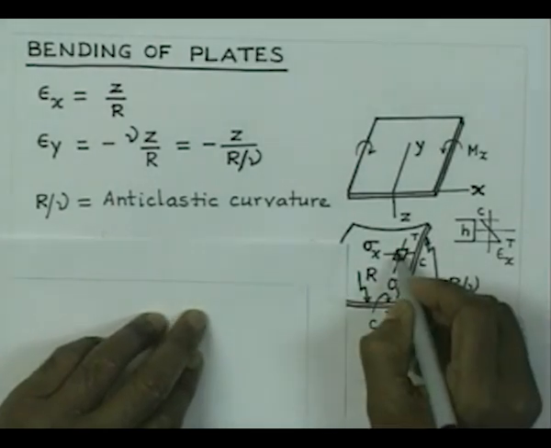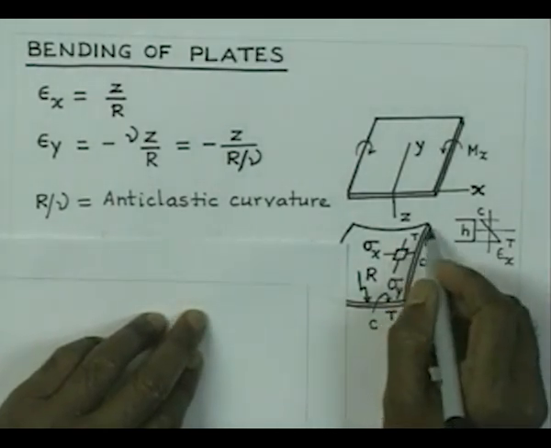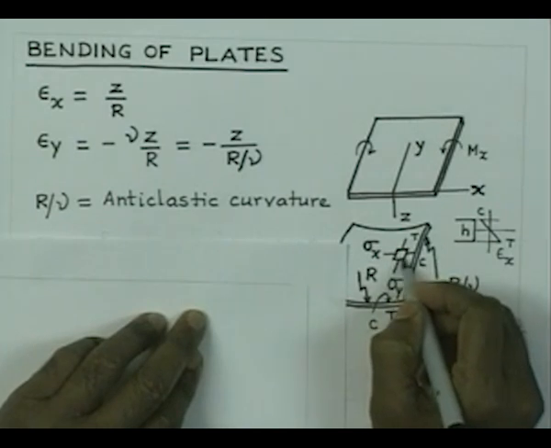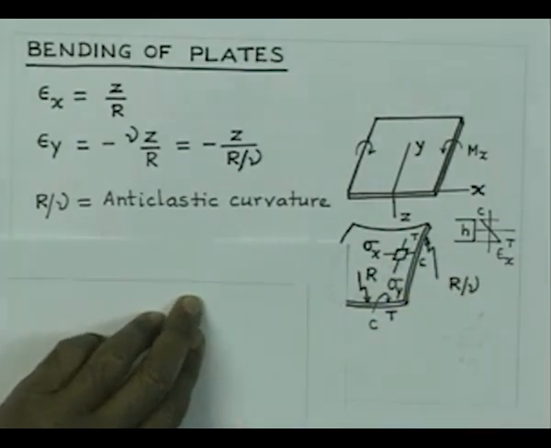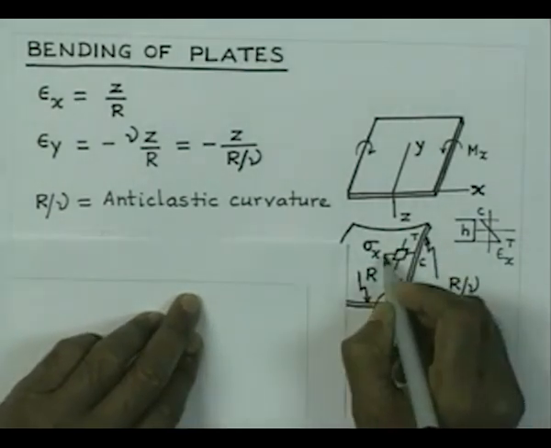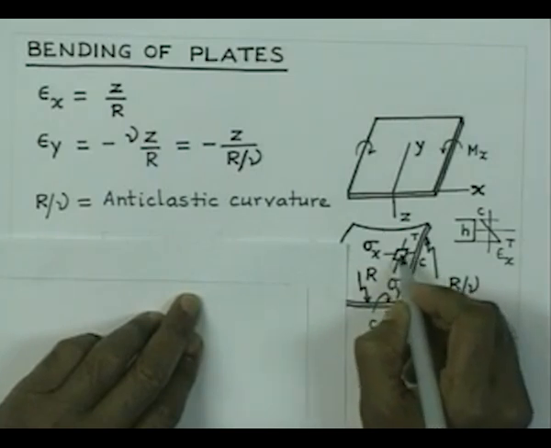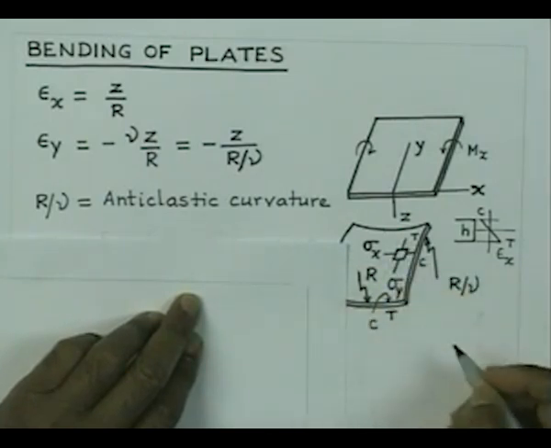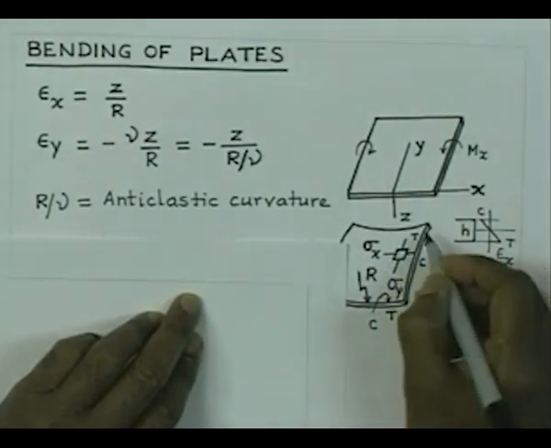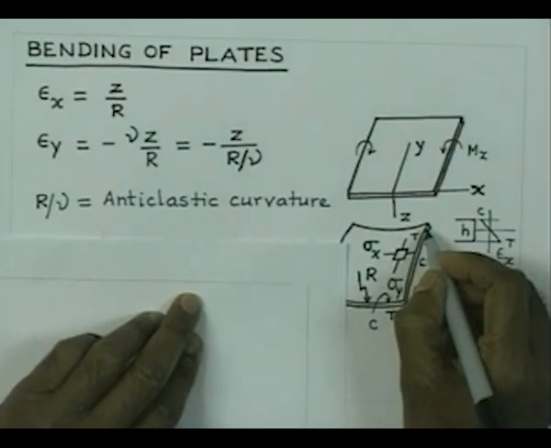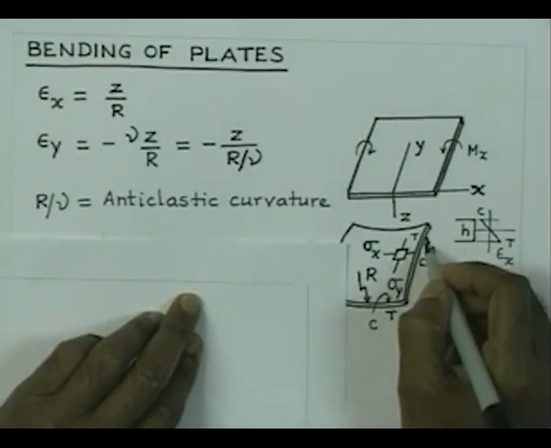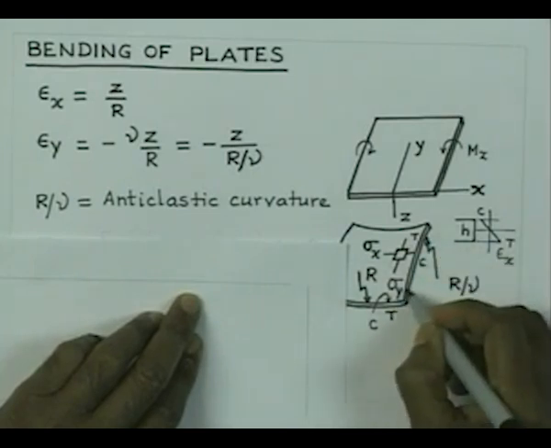So, what you find here is that as you consider an element on the surface of the plate, there will be stresses in the x direction, there will also be stresses in the y direction. Now, this tendency of curving like this is prevented towards the center of the plate.